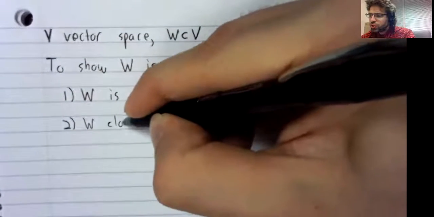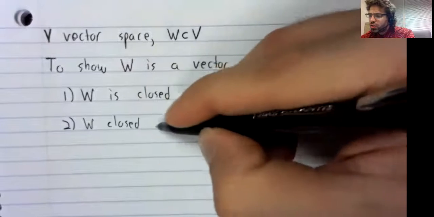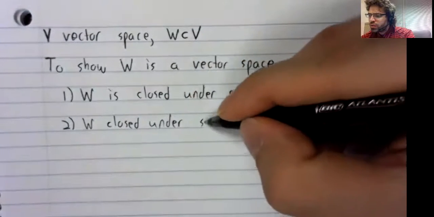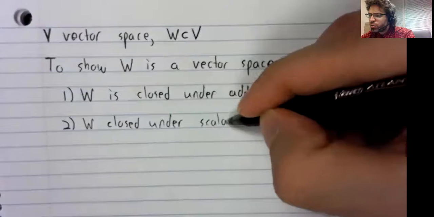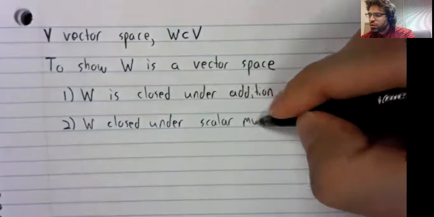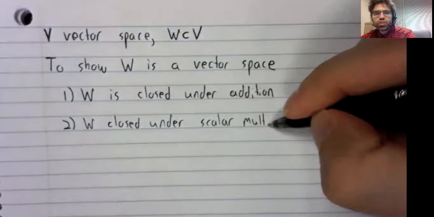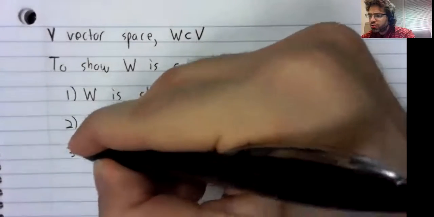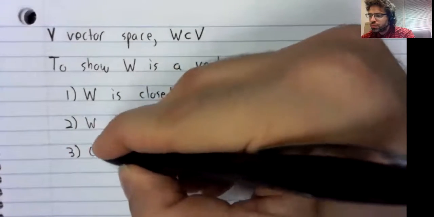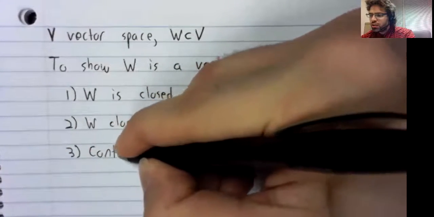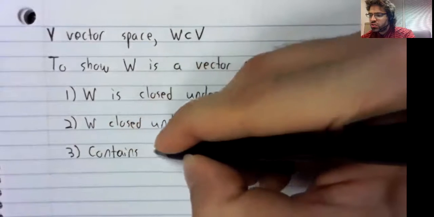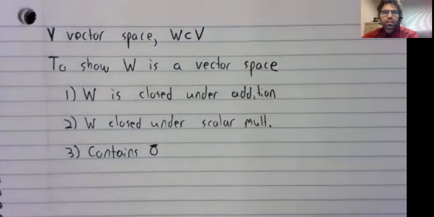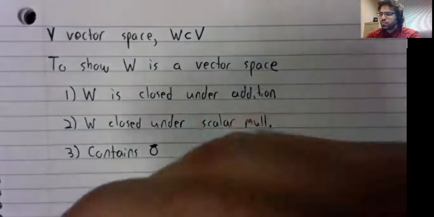It is closed under scalar multiplication. 3. It contains the zero vector.